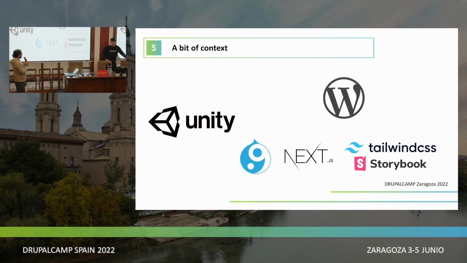This is in the backend side. And in the frontend side, we're going to have Nextjs. We are going to manage the front end, all the content, and display the information to the user. We're also going to use Storybook and Tailwind to implement the design system. Storybook to group the components, and Tailwind CSS as a CSS framework.